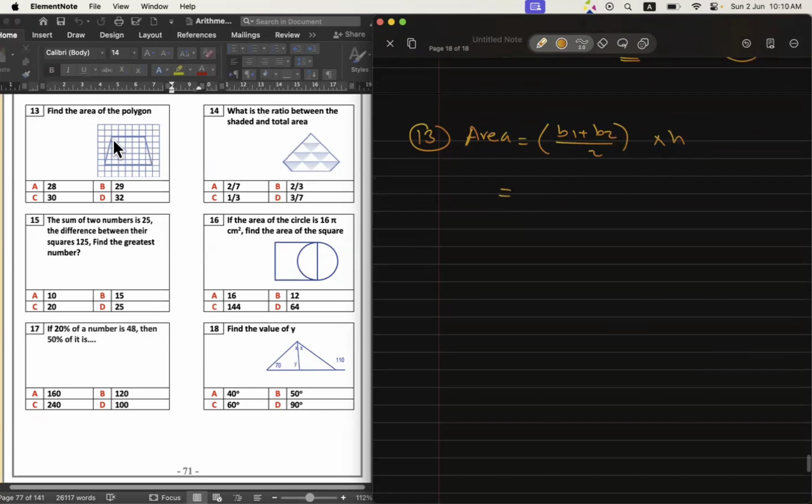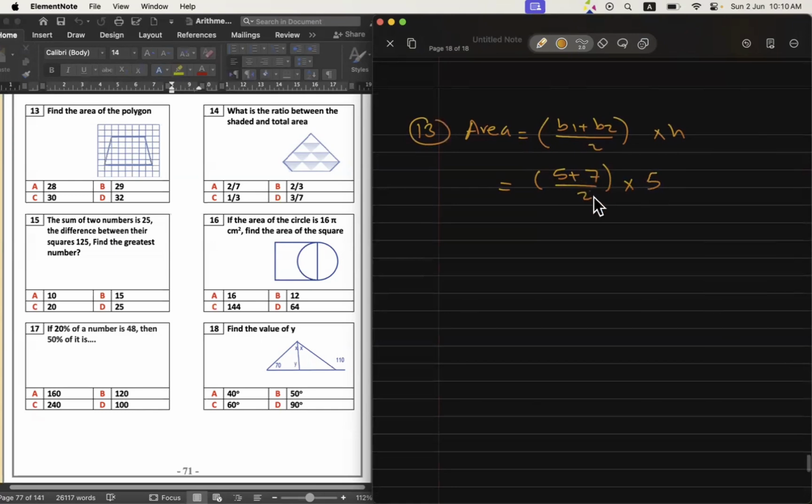Base 1, count 1, 2, 3, 4, 5, so it will be 5. Base 2 is 5 plus 1 plus 1, so 7. The height equals 5. So 5 plus 7 equals 12, divided by 2 equals 6. So we have 6 times 5, which equals 30 units squared. So the answer is C.